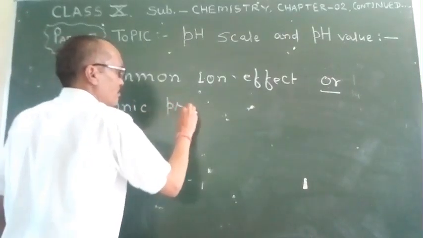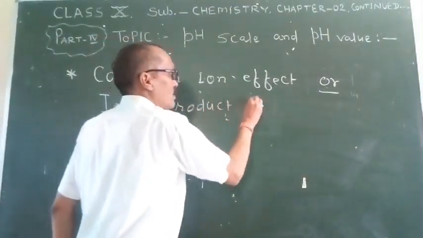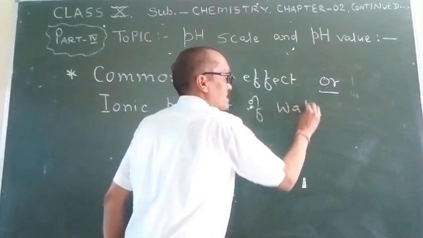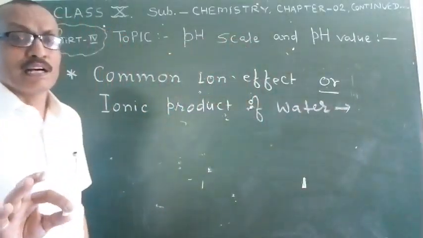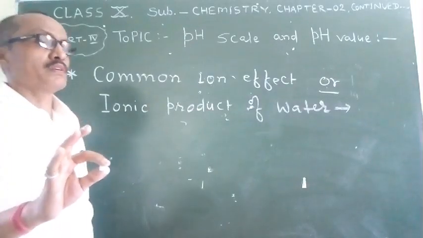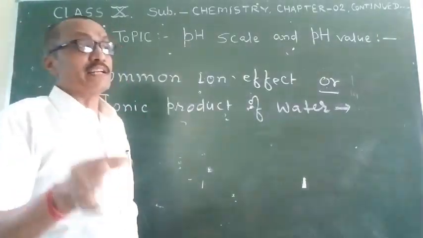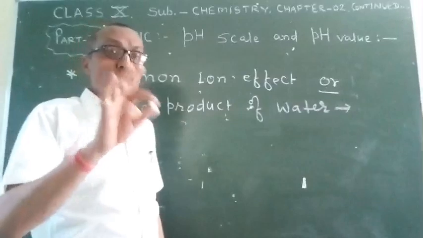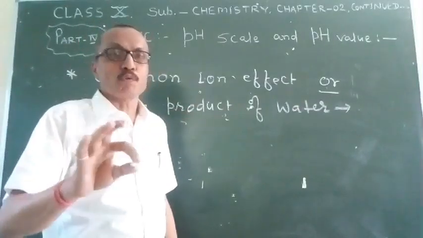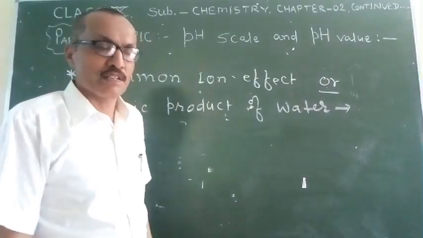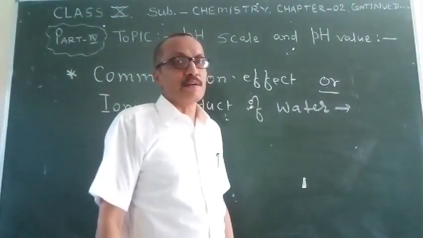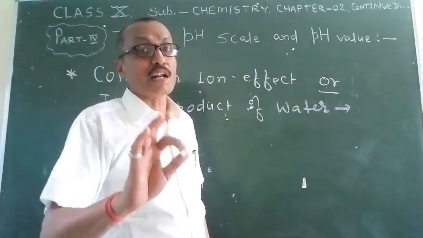Ionic product of water. Students, as you know, an acid and a base show its characteristic property only in presence of water. It means acid and base solutions are aqueous.